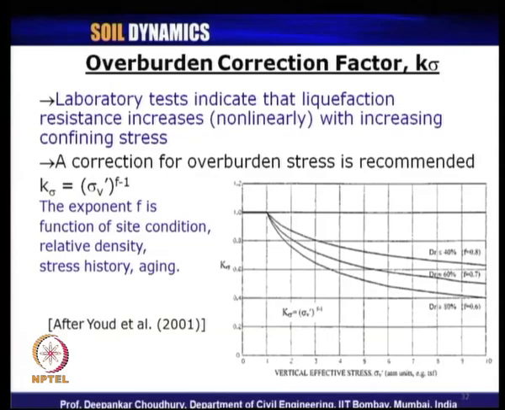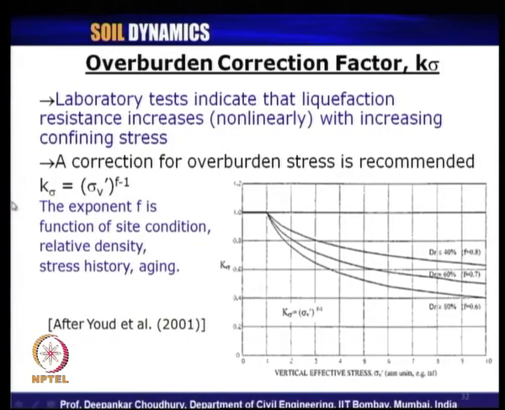Because confining stresses are increasing. So, we have to take again a reference frame with respect to which we compute the liquefaction potential. Otherwise, at different depths for the same soil, we will get different values of liquefaction potential.